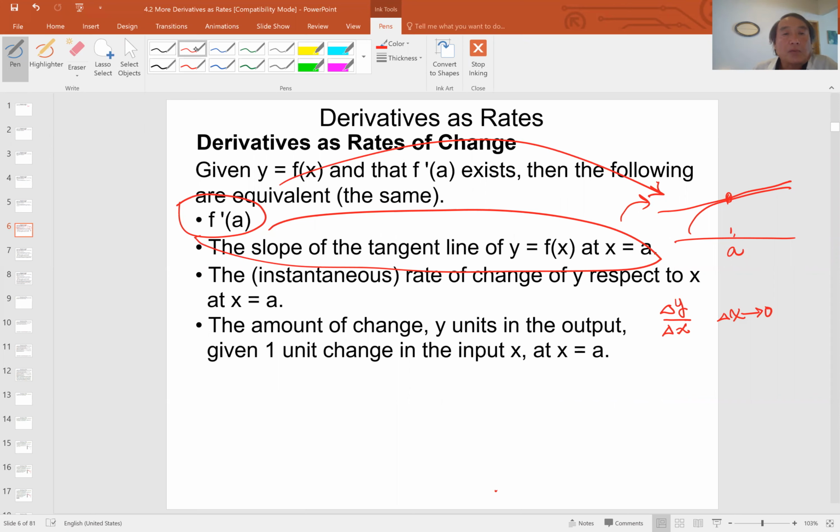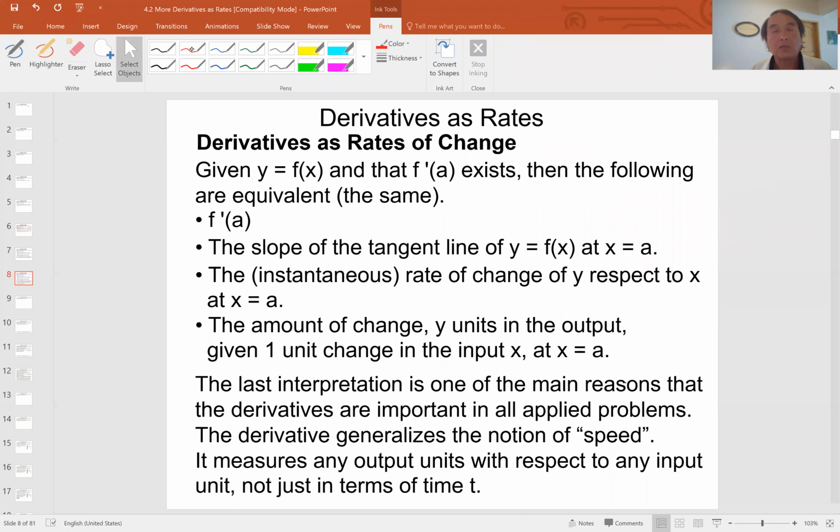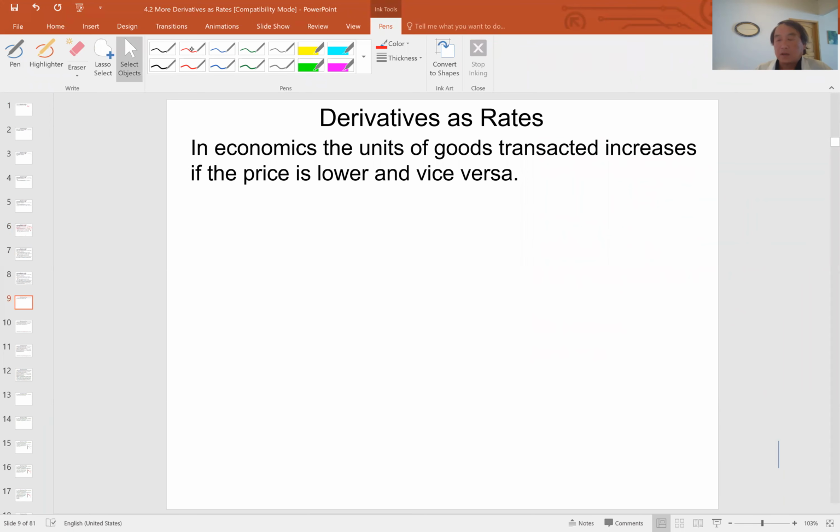Y could be whatever outputs we are measuring. It could be how many people, or approximately the amount of voltage, whatever is measurable. The derivative will give you the rough ratio between the output and the input. Of course, this has a unit, which is the output units divided by the input units. So we're going to use money as our first example.